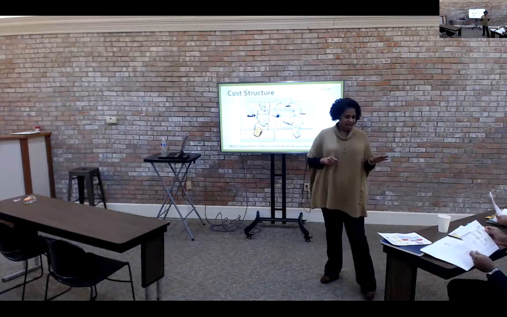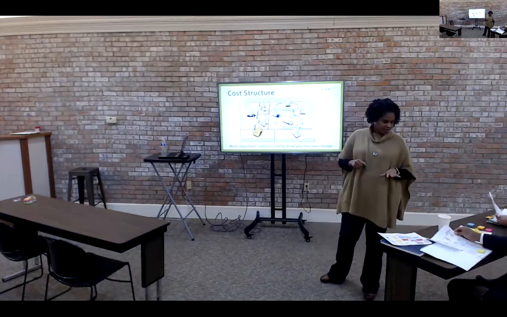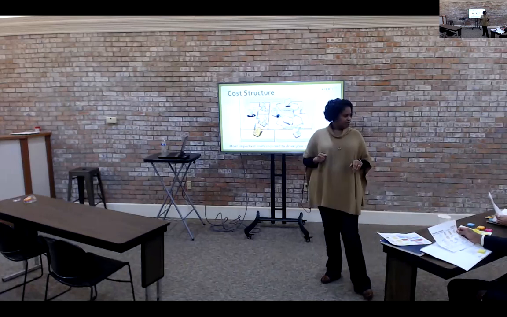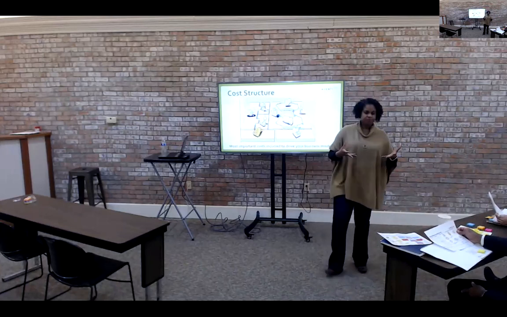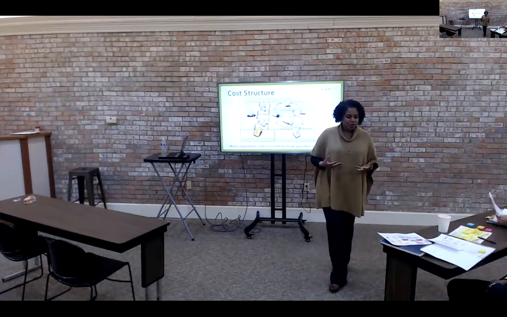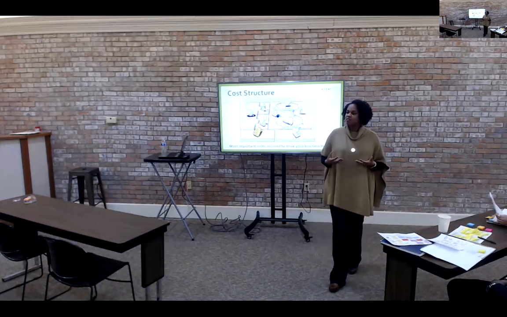And then you can see how Uber's platform works. Their key activity is what? That platform that they developed. So managing that platform, that's their key activity. You also notice that for Airbnb, one of their key activities is platform management.